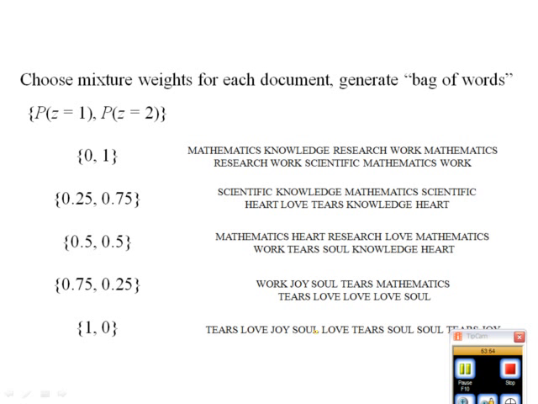What we're going to do now is, I told you how to generate. Typically what you're given is the generated documents. You need to figure out what the topics are, and once you figure out the topics, you could then use that to do all sorts of interesting things.